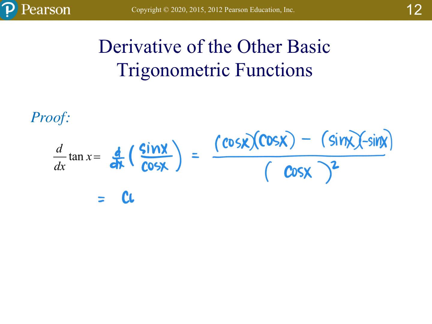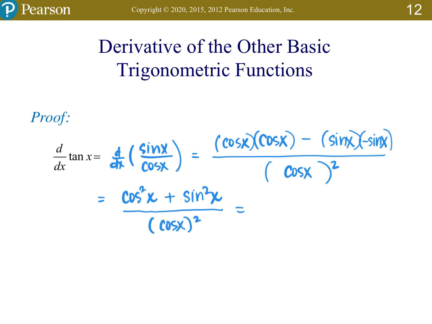And then we follow the math and let the rest of the math work itself out. So we're going to end up with cosine squared. It's just cosine times cosine. And then followed by what? What comes next? Is it addition or subtraction? It's addition. I've got a negative subtracting by a negative. So I have sine squared x positive all over cosine of x quantity squared.